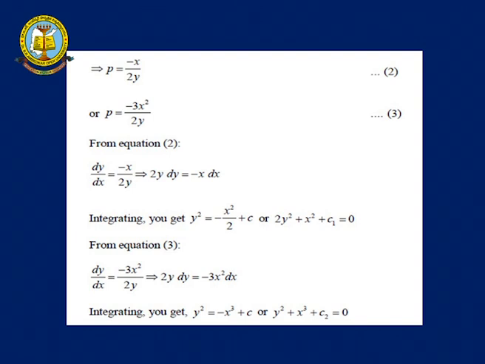In the same way for x square, using the integration formula of x power n dx, that is x power n plus 1 by n plus 1, we get the integration of x square dx as x cube by 3, and the 3 gets cancelled. Finally we get y square plus x cube plus c2 equal to 0, and these are the two solutions.